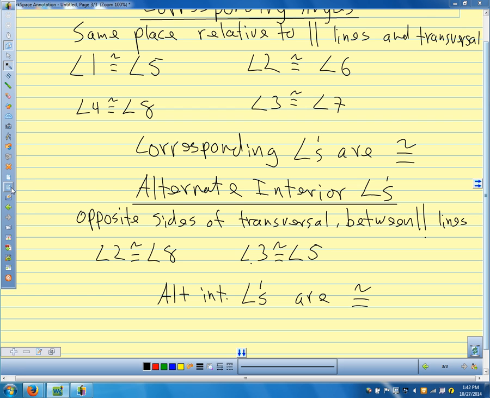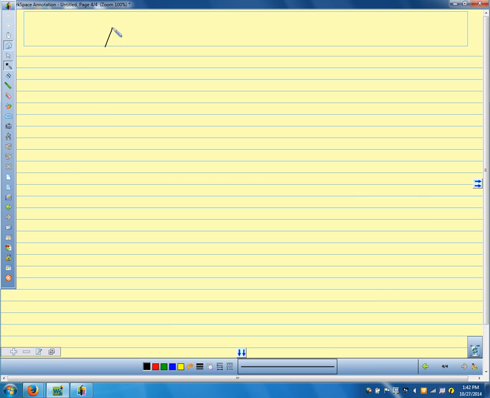Alright, so let's go over to the right, alternate exterior angles. Alternate means opposite sides of the transversal.